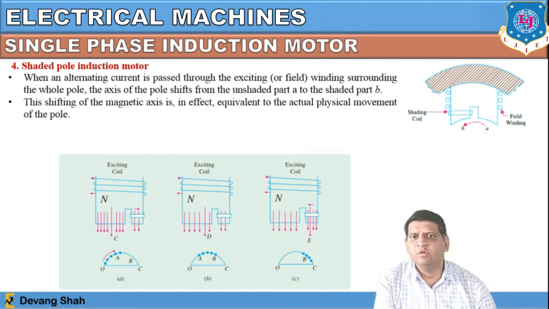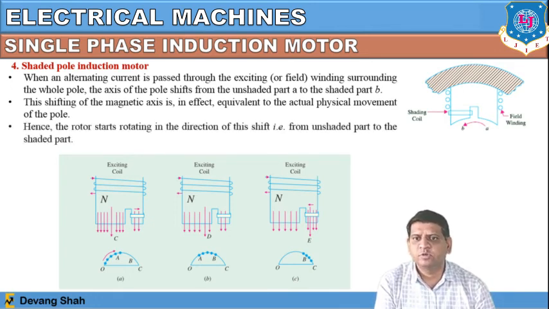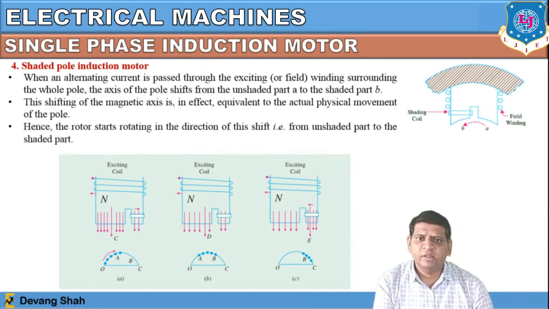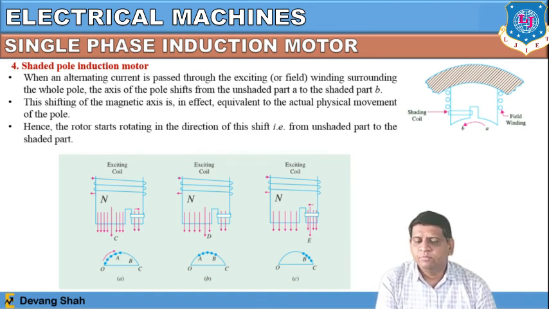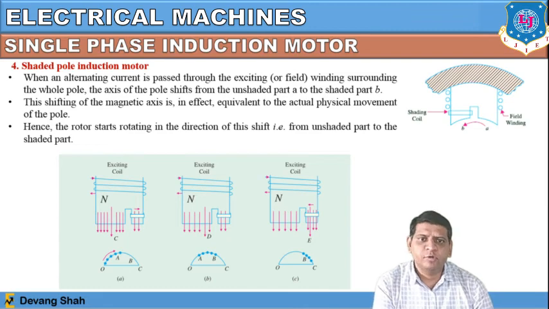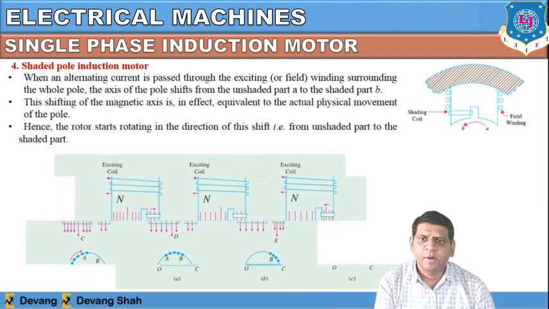The shifting of the magnetic axis is equivalent in effect to the actual physical movement of the poles, hence the rotor starts rotating in the direction of this shift. Ultimately the rotor follows the shifting magnetic flux, which moves from the normal pole to the shaded part, right?